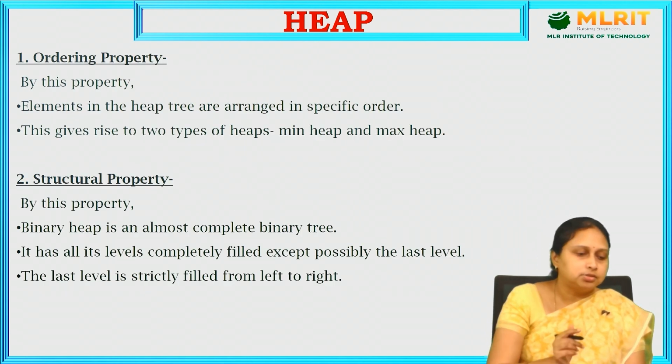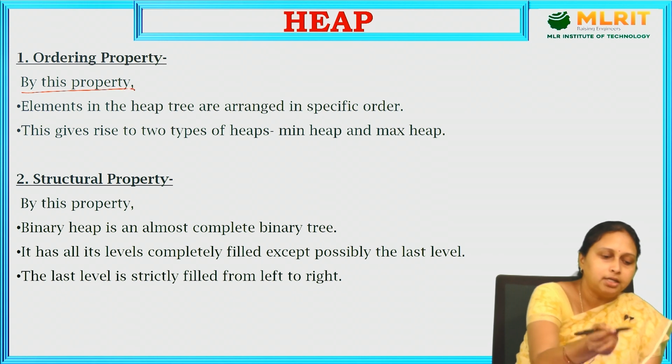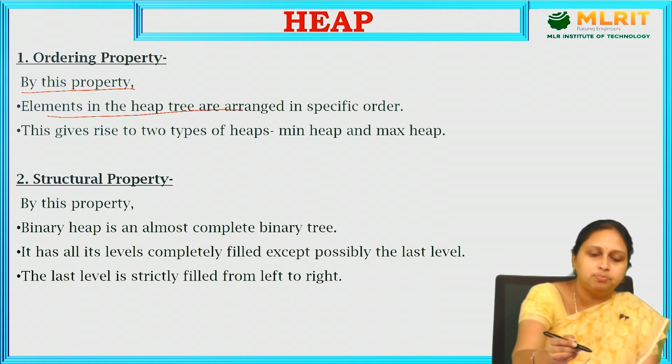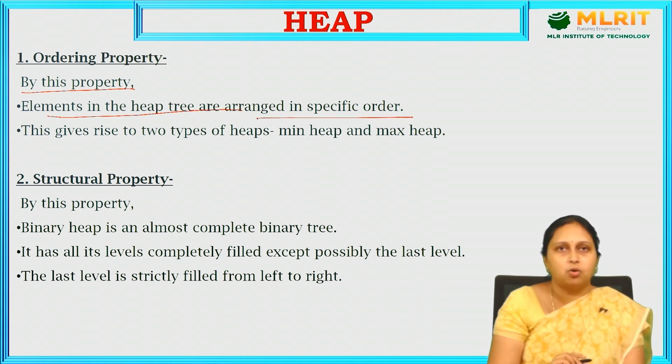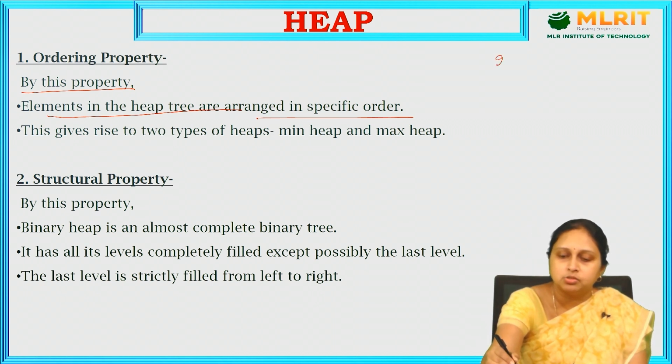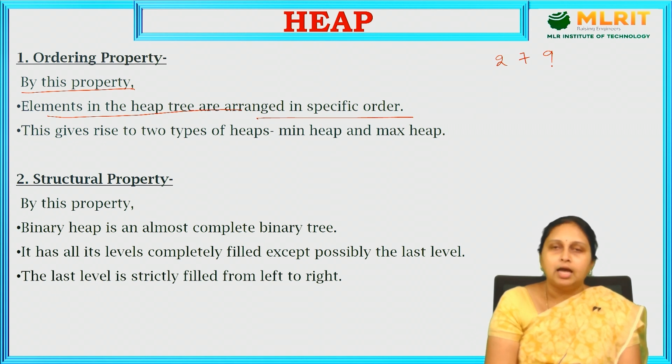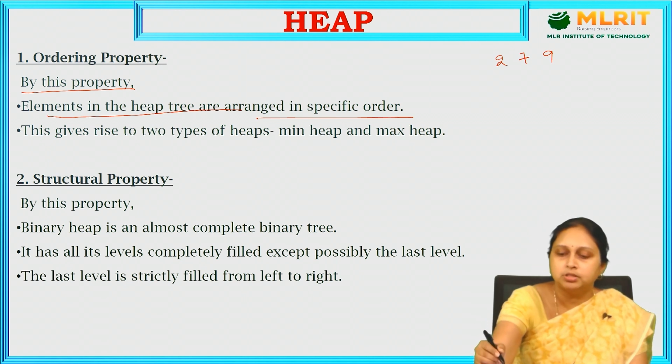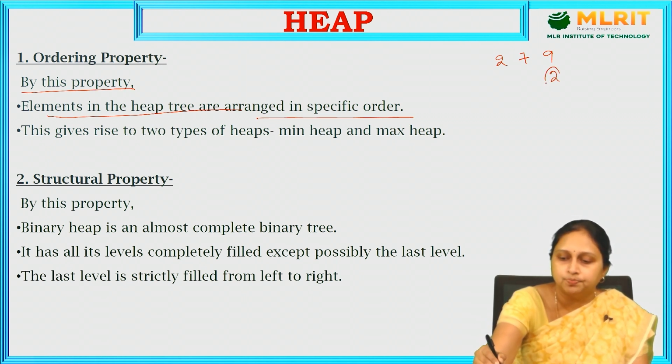See the steps here. By this property, elements in the heap tree are arranged in a specific order. Suppose I have been given some elements, 2, 7, 9. Consider these three elements, which we need to place in the tree in a specific order. Suppose I take the element 2.